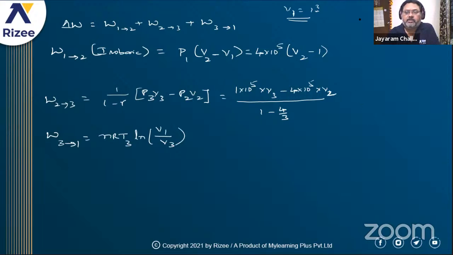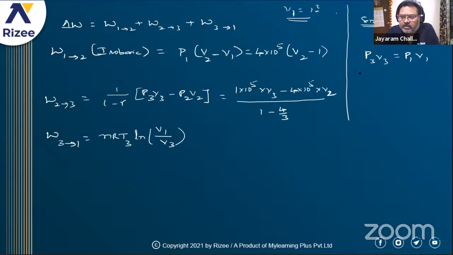Since 3 to 1, PV is equal to constant, that's an isothermal condition. We can write it as P3 V3 is equal to P1 V1. So let me try to find out these values in this section.